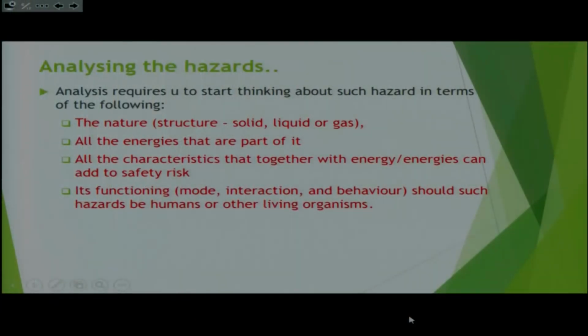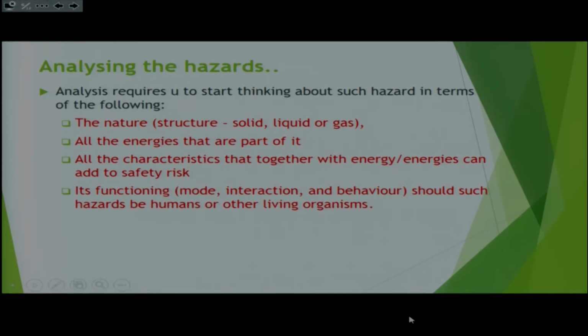You need to take into consideration all the energies that are part of that hazard. You need to look at all characteristics that together with the energies can add to a safety risk. You need to look at its functioning, meaning its mode, its interaction, its behavior. Should such hazards be human or other living things?